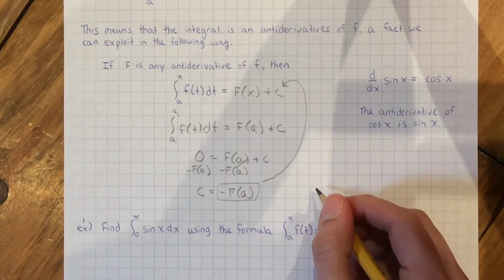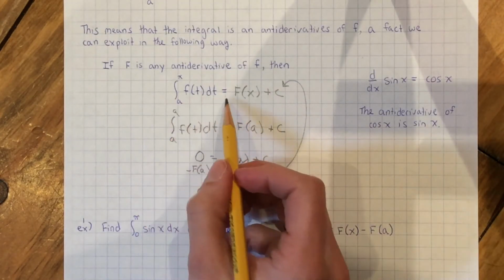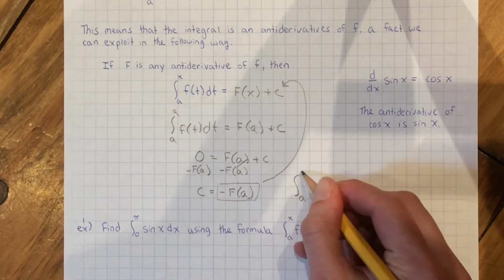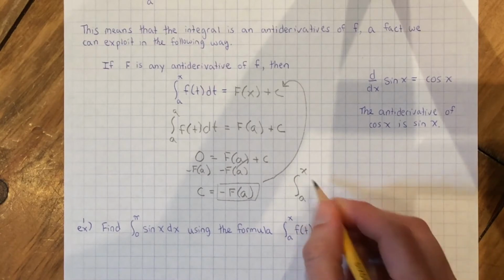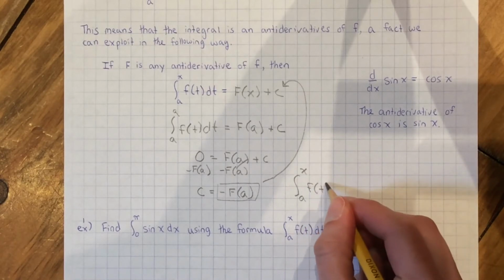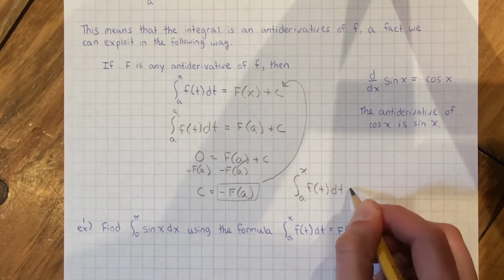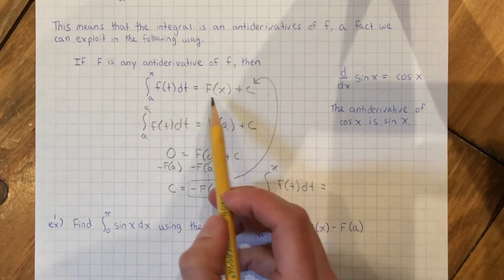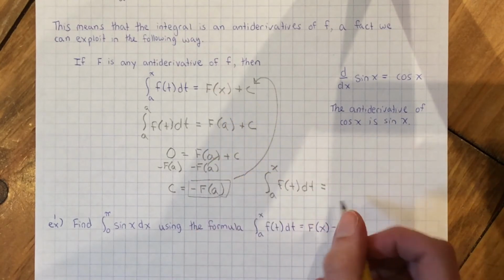So I end up with, starting from the very beginning here, the integral from a to x of f of t dt is equal to F of x from up here.